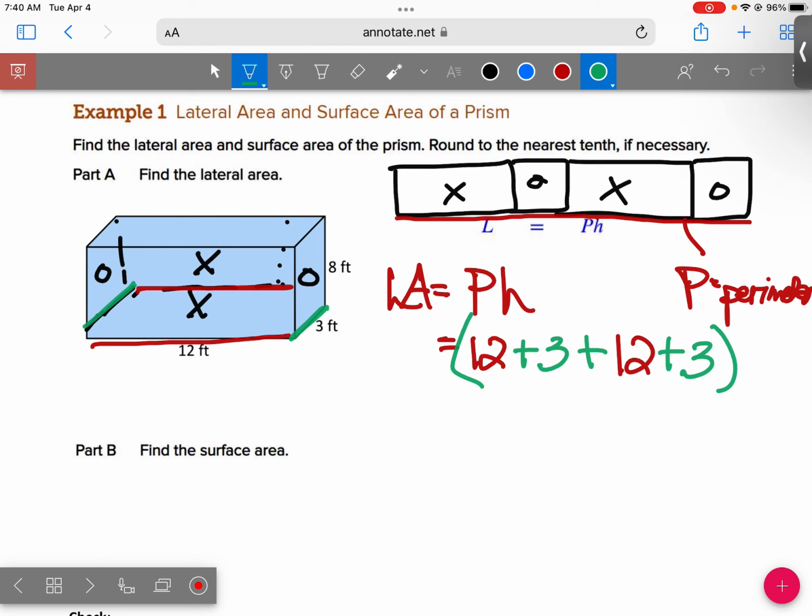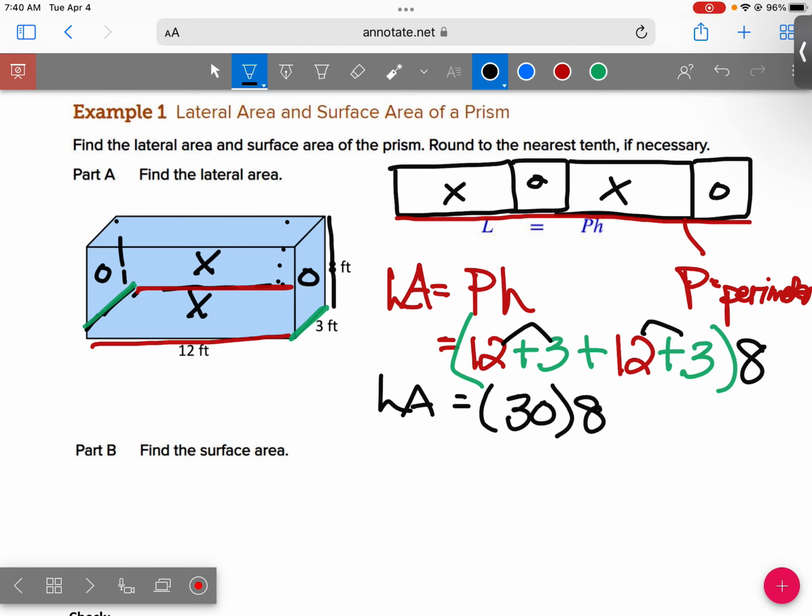And what is the height of that box, or the height of that outside area? 8. So times 8. So lateral area is, let's add these up. What's 12 plus 3? 15, and we got 15 here, so that is a total of 30 times 8.